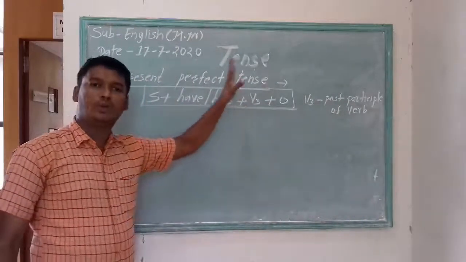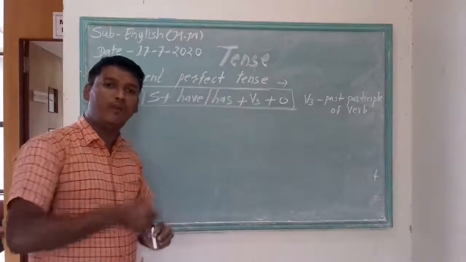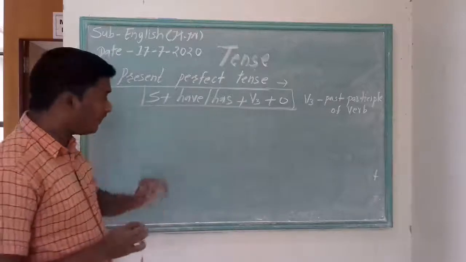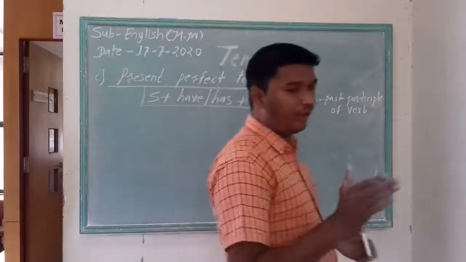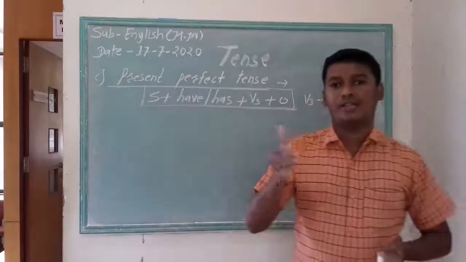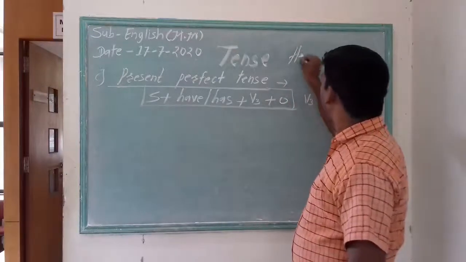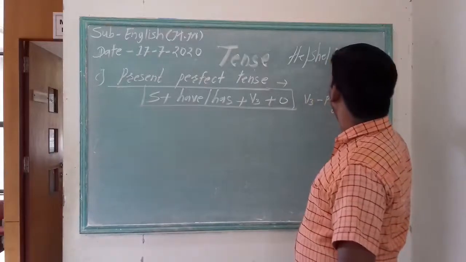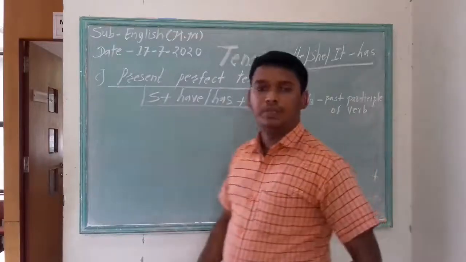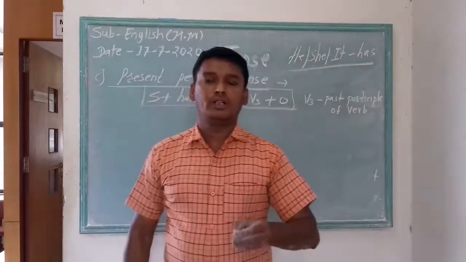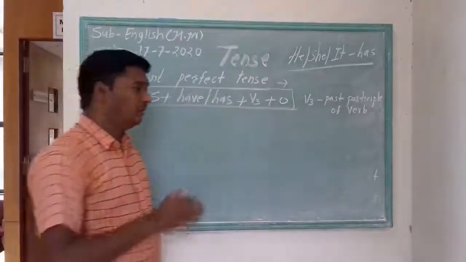Now look, there are two auxiliary verbs, have and has. When to use have and when to use has? There is one rule, as in simple present tense. If the subject is third person singular, he, she, it, then we take has.